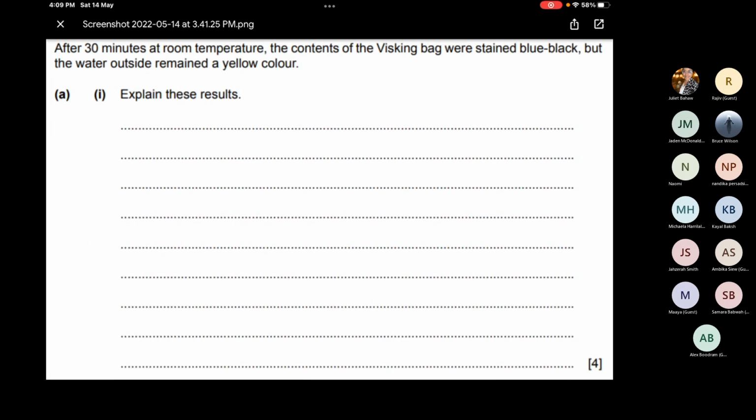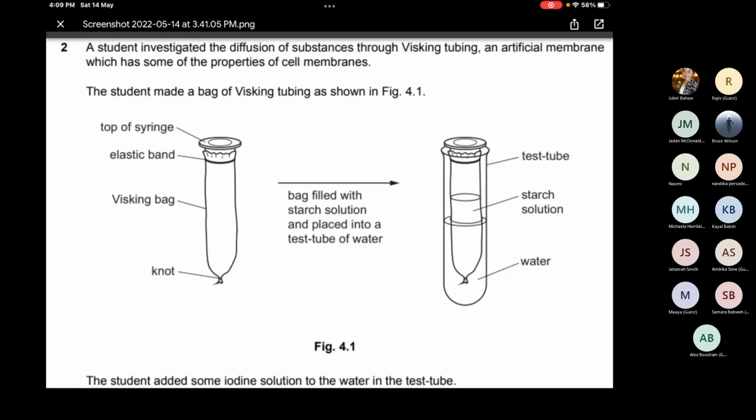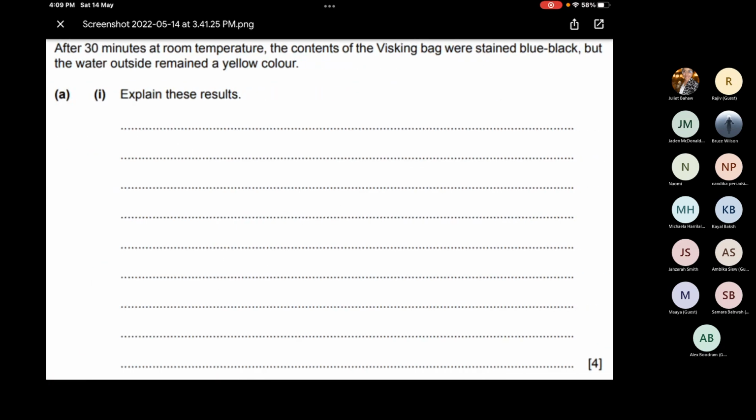Iodine is a reagent, a solution used to test if starch is present. Since starch was present in the Viskin tube, after 30 minutes the contents of the Viskin bag will stain blue-black because starch is present in the bag, but the water outside remains a yellow color.